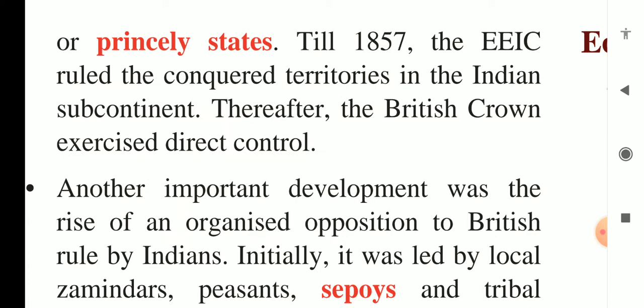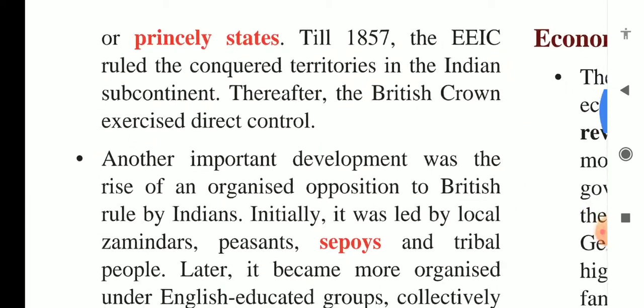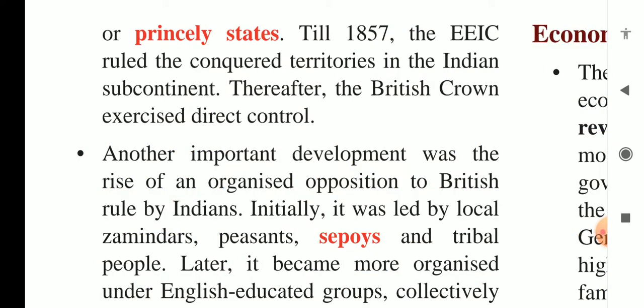Students, remember, for 100 years, a company ruled over a country, from 1757 to 1857. Thereafter, the British Crown exercised direct control, and the British government, that is the British Crown, it means the Queen, controlled India for 90 more years.